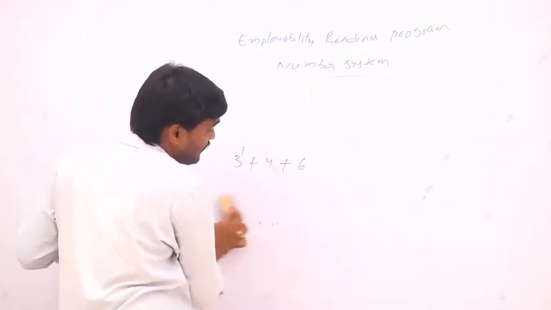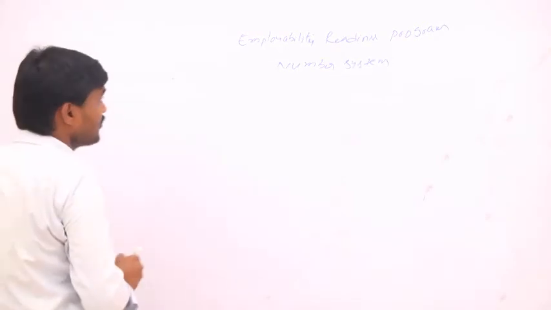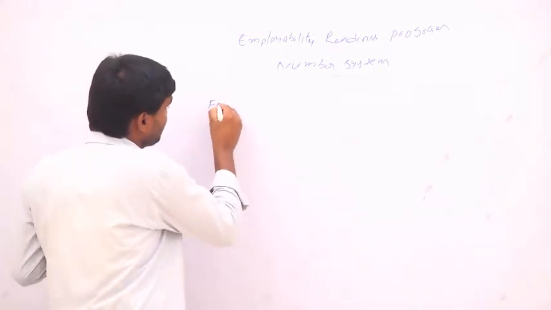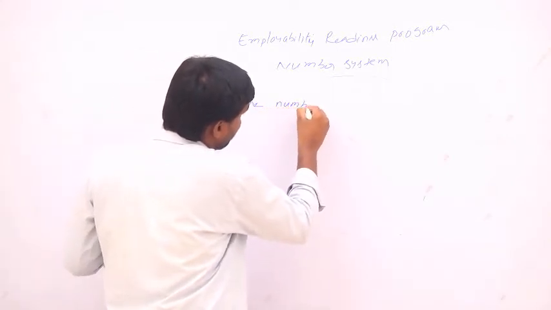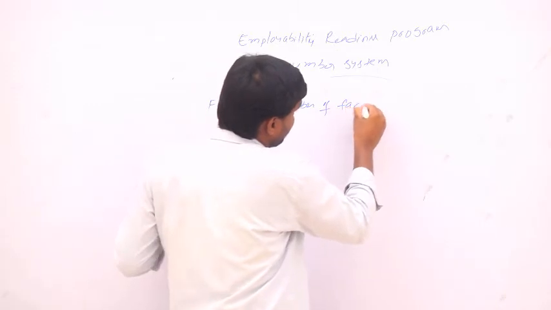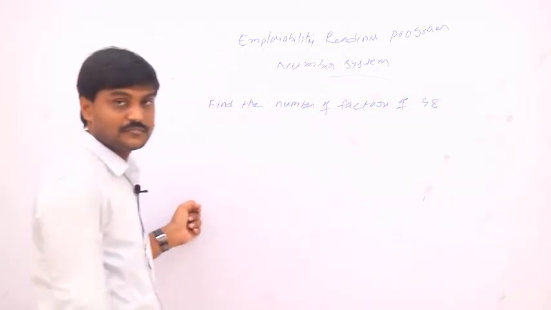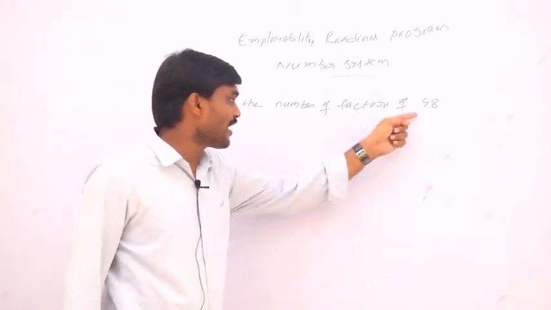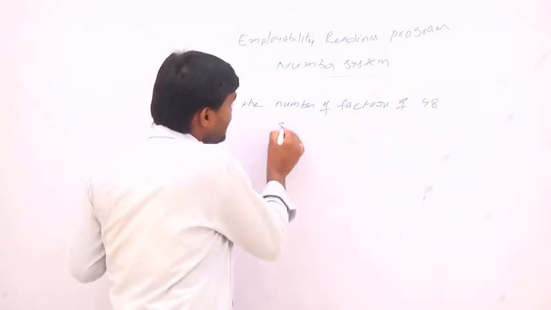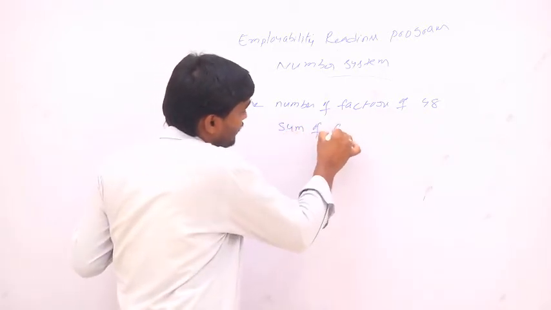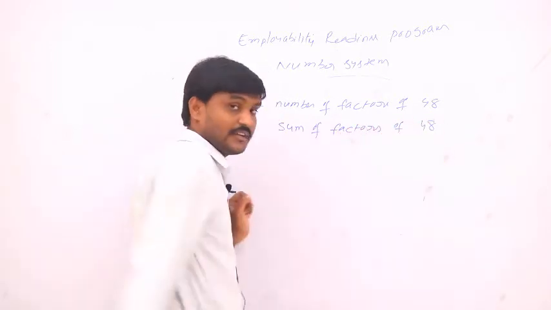Coming to the next point, factors and divisors. Suppose you are asked to find the number of factors of 48, or the sum of factors of 48.